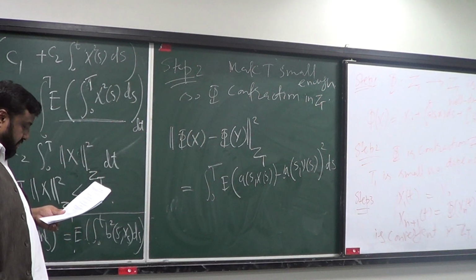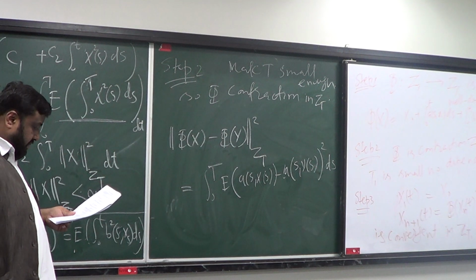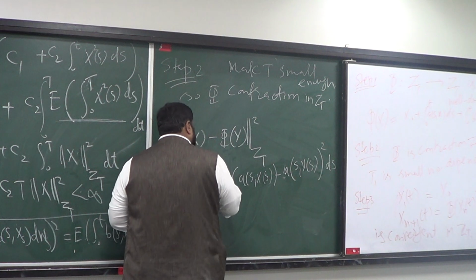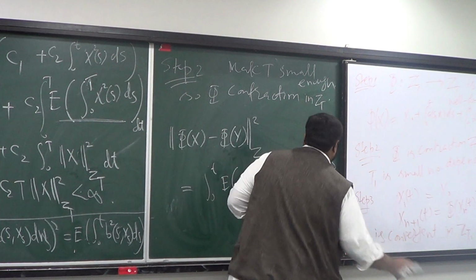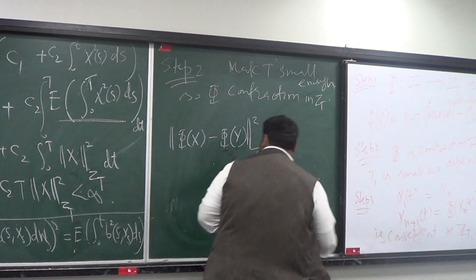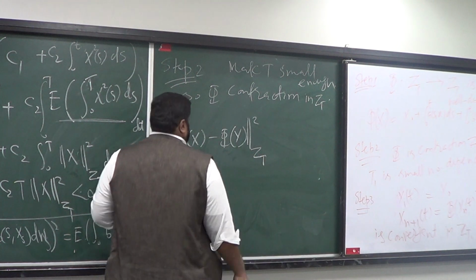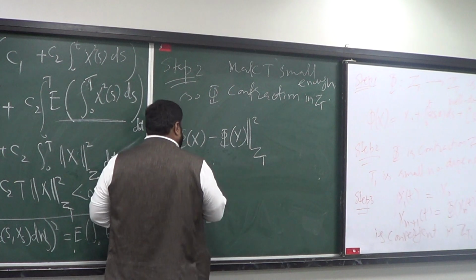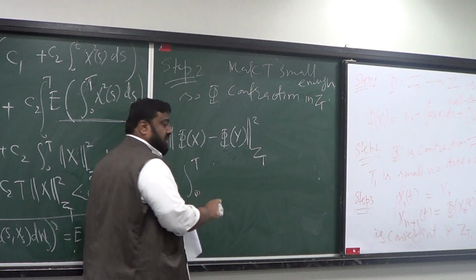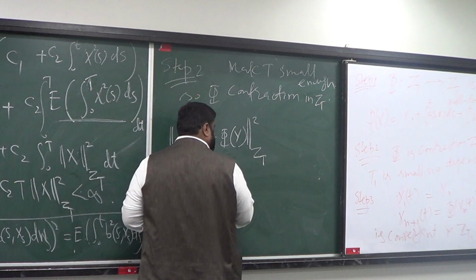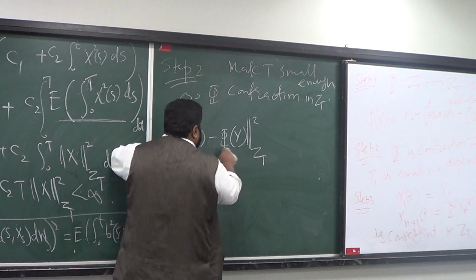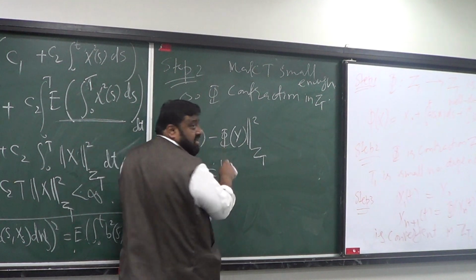Okay? No, not okay. So I'm going to have, let me write it precisely. First of all, I need to integrate this from 0 to capital T of the expectation of the integral of this integrand actually.